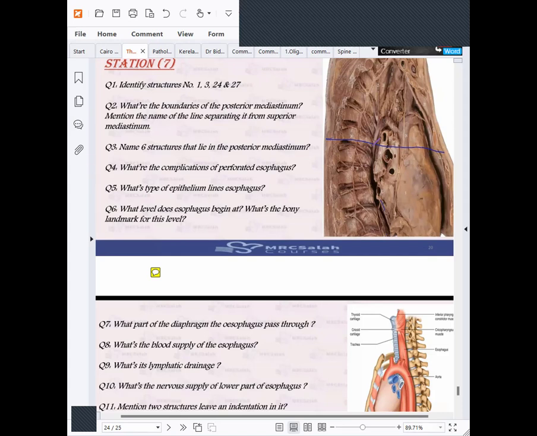Mention 6 structures that lie in the posterior mediastinum. We have the vagus nerve, the splanchnic nerve. We have the esophagus.